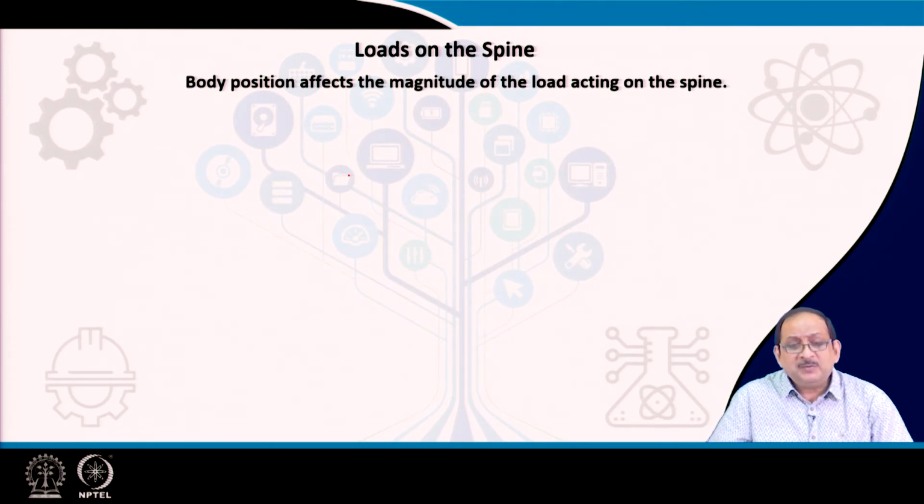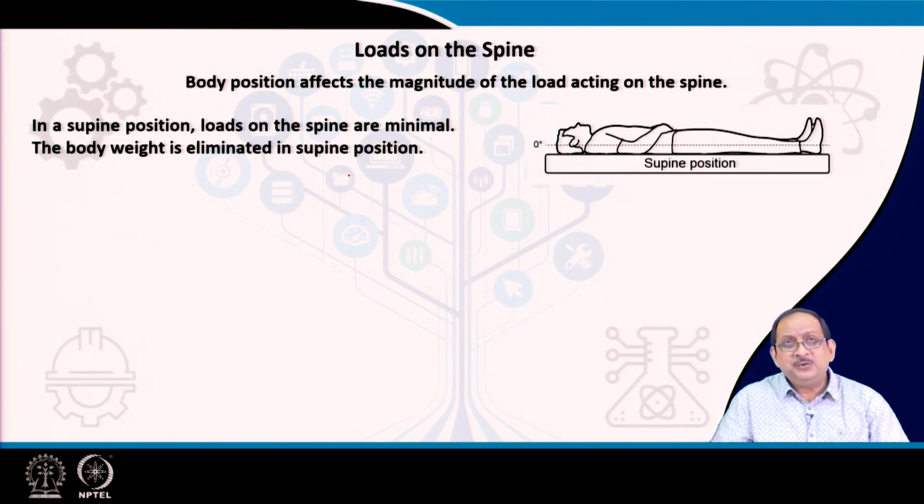Now, the load on the spine is dependent on the body position. The body position affects the magnitude of the load acting on the spine. In a supine position, loads on the spine are minimal because the body weight is eliminated.